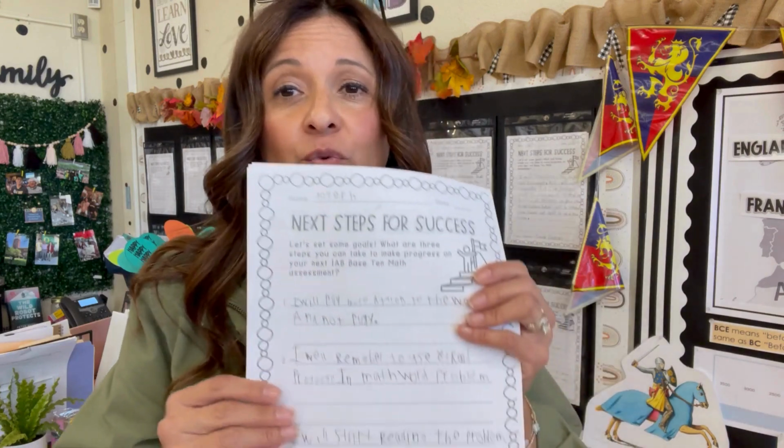And so as a class, we discussed what are some actions that they can take that will help them to improve next week. I charted all the responses, and from those responses, students were to choose 3. I asked them to think about when they took the test, what is it that's something that they might remember or notice that they did or did not do?